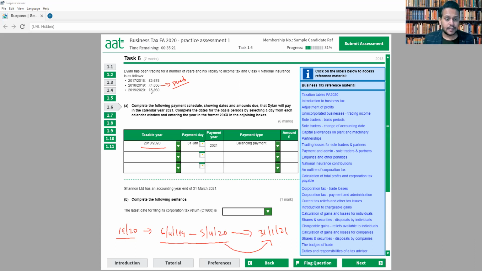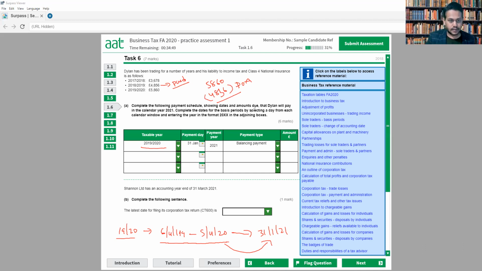So when my liability is 5860, that means on this liability, last year I paid in advance 4856. That is already paid as a POA, payment on account. I already paid in advance, so I only find the difference, and this is called the balancing payment. So the balancing payment is this year's liability minus what I already paid in advance, and the difference is called the balancing payment. Let's have a look at how much it is.